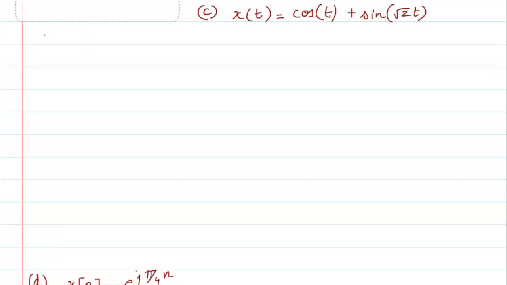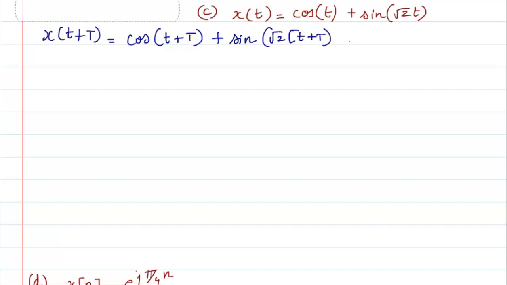So let us find out what is x of t plus capital T. So from the equation we will get cos of t plus capital T plus sine of root 2 times t plus capital T, which I will write basically by opening up the bracket: root 2t plus root 2 capital T.